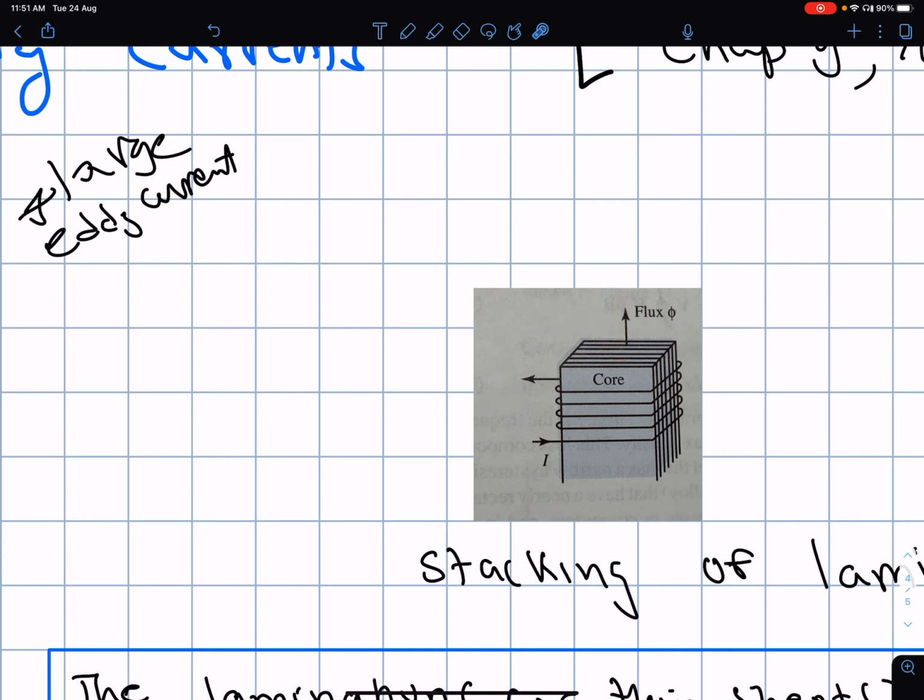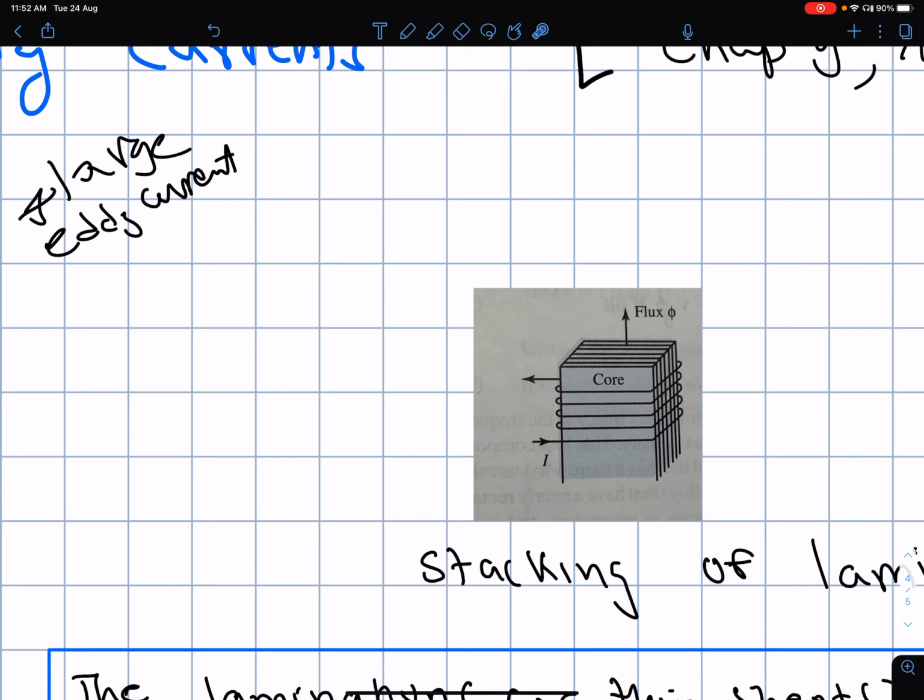Let's say the flux is increasing due to this current which is flowing like this, so the right-handed screw is moving inside and the flux is increasing in the upward direction.